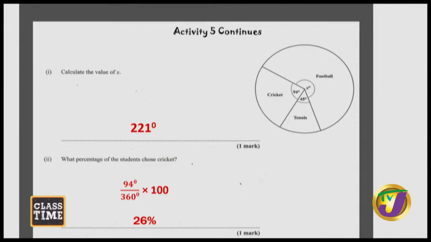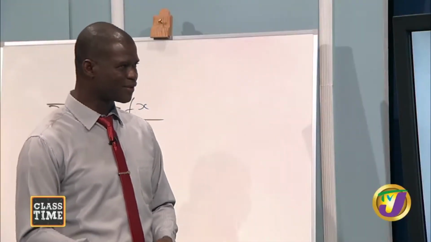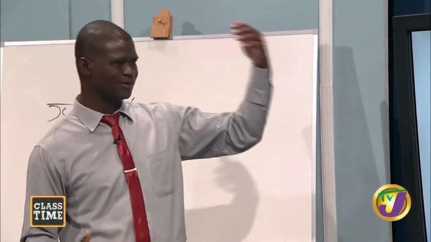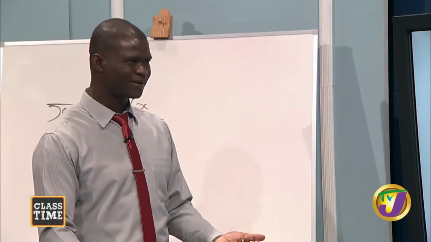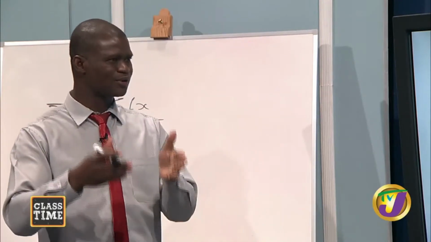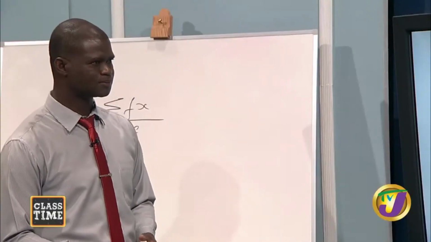Your response should be in percentage. They could have asked you for the percentage as it pertains to tennis as well. That is true. And if you find the percentage for cricket, for tennis, and for football, all of those should add up to 100% because that is the whole. Yes.